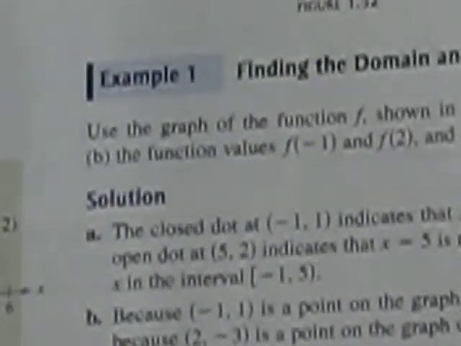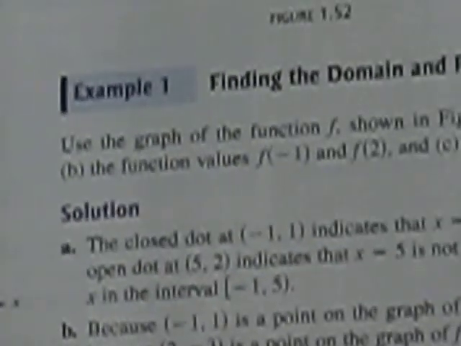Because there at x = -1, we had a closed circle, meaning we're including that point. Then the notation says we're going to go from -1 to 5. But notice they have a parenthesis on the 5, because in our graph we saw that there was an open circle there, meaning that we're approaching 5, getting ever closer to it, but we're not going to get there. So that's the notation we're going to use to communicate our domain.